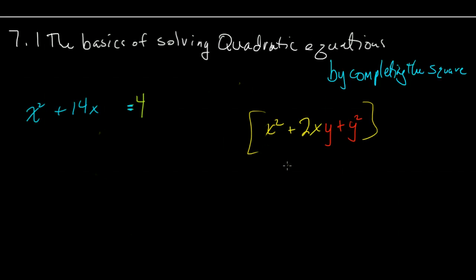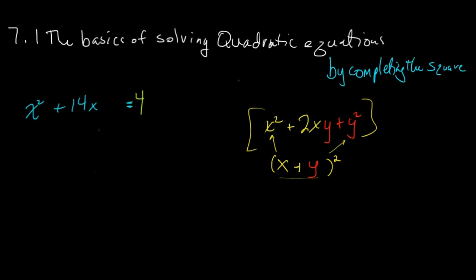The first term is x, the last term is y, and the middle is if I take these two, multiply them and then double it, then I have a perfect squared trinomial. This sign is positive, so that sign is positive, and then I have that squared.